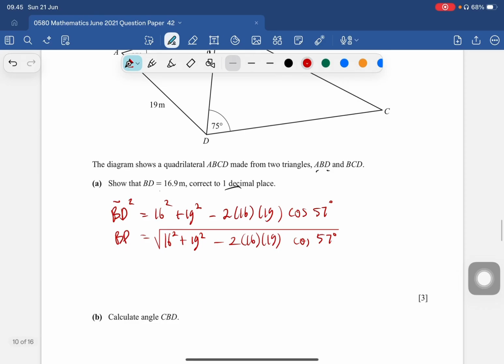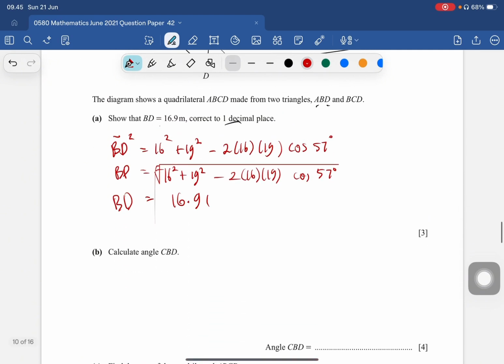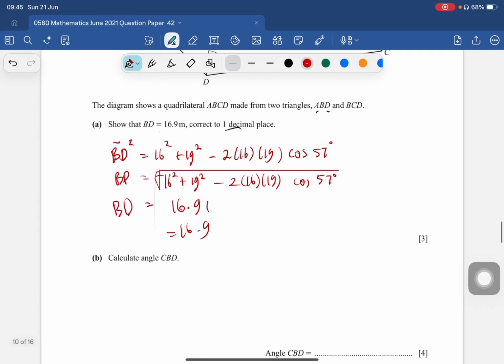Here you need a calculator, and the answer is correct. This is 16.91, or corrected to 1 decimal place, 16.9.